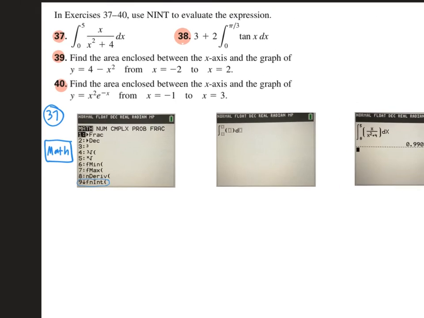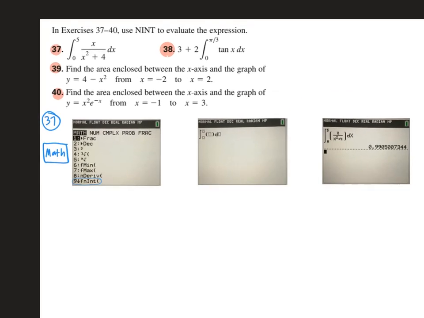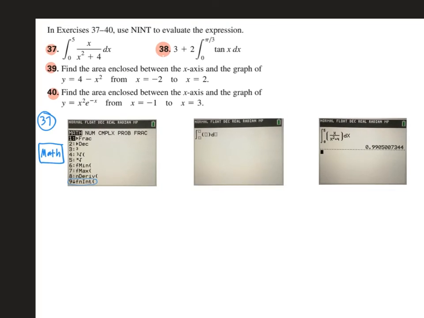So hit 9, it'll take you to the next screen, and then you just fill in the integral, exactly like it's written. And you get the answer. That's it. Okay, so that's 37.